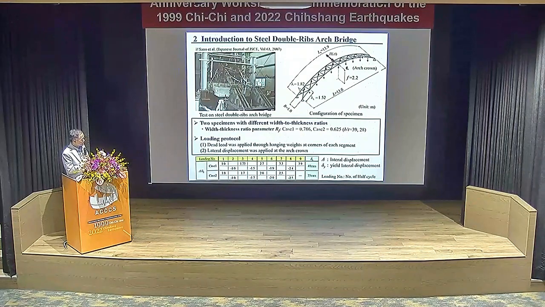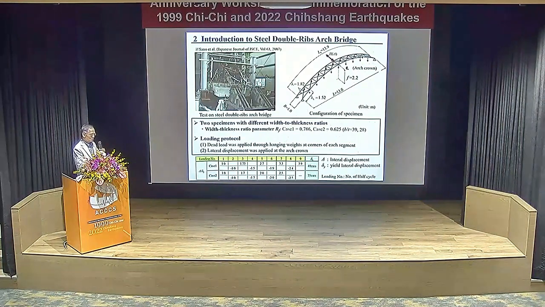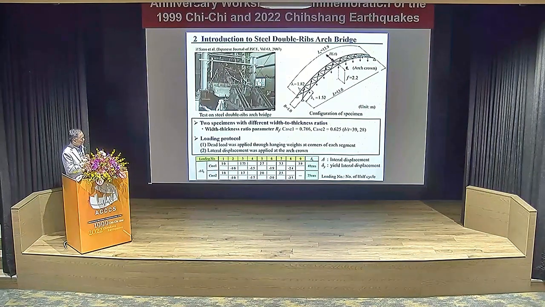One is a symbol. RF is a parameter. This parameter is similar to C2 in AISC. Yesterday, Professor Wang mentioned, not exactly the same, but it's similar to that, I think. The width-thickness ratio is relatively large compared with building sections.